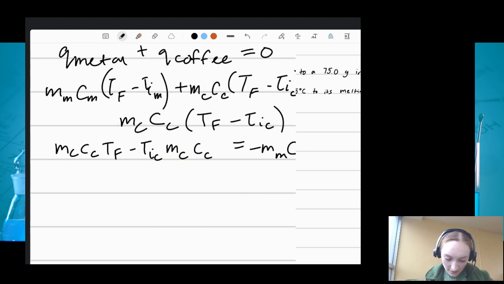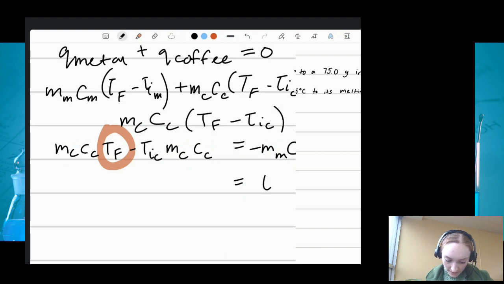Okay, and so keep in mind that we're solving for the TF, so it's located over here. So I'm going to move the other terms that don't have that on the same side. Okay, so let's do that right now. So I'm going to move this term over here and then that one back over there.